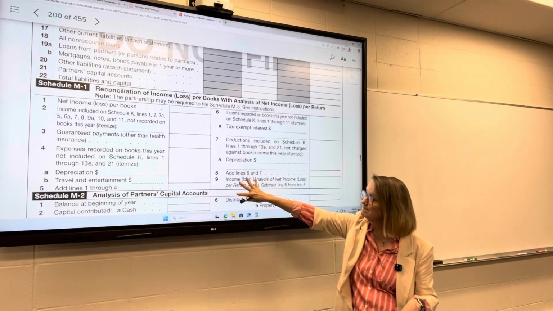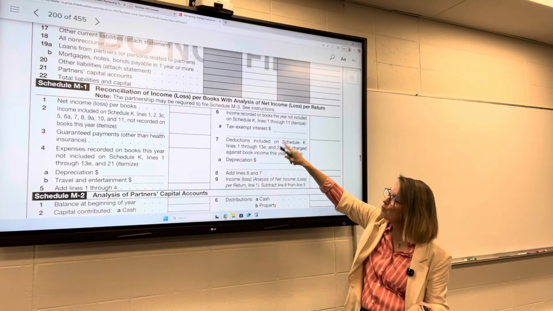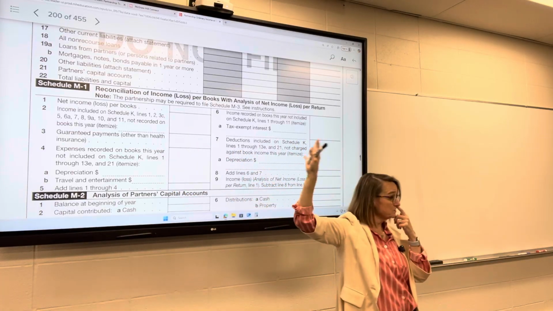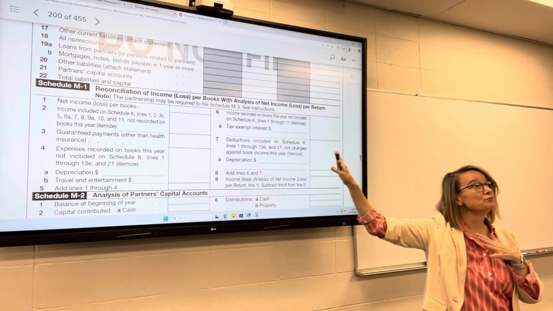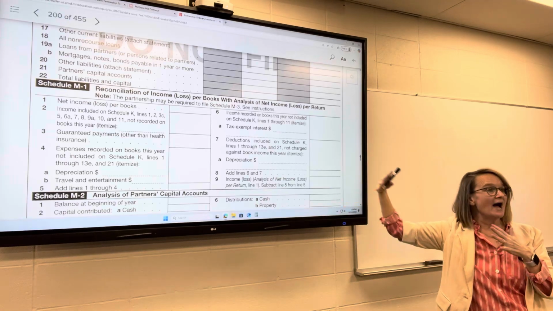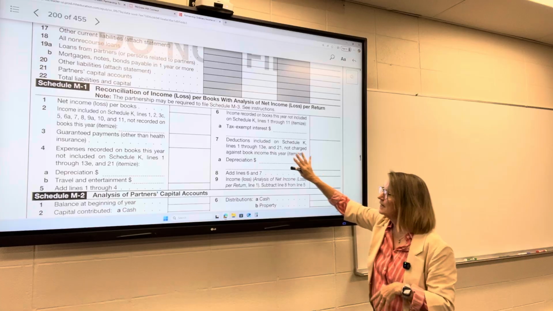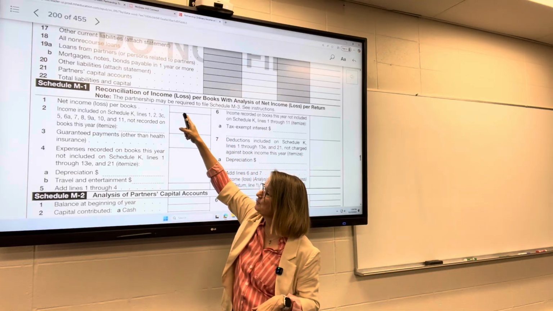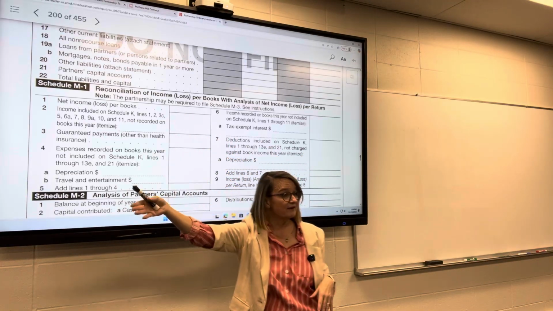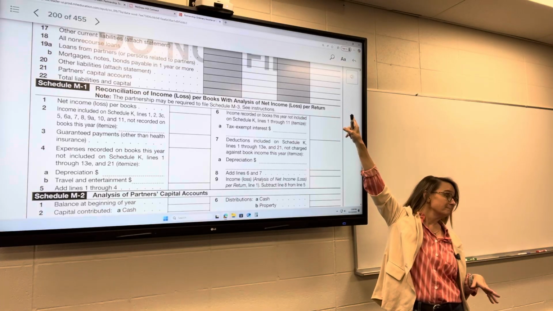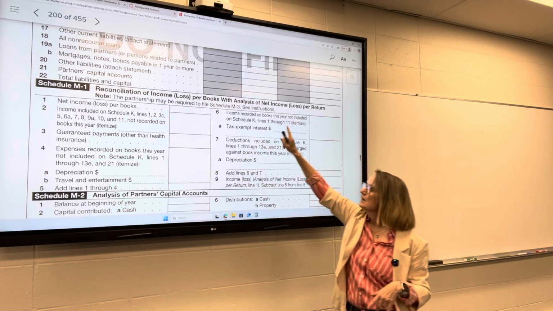This form here, this M1, helps us to reconcile, and this is a requirement. If you do the balance sheet, you have to also do this M1. You start with the net income or loss per the books, so whatever's on the financial statement, which should agree with what's on the balance sheet, right?